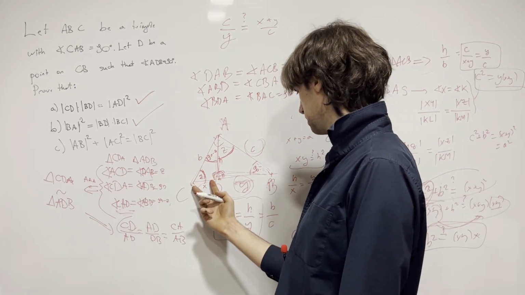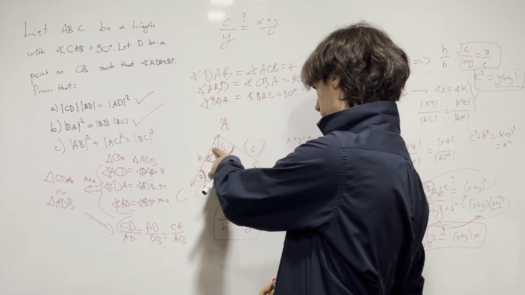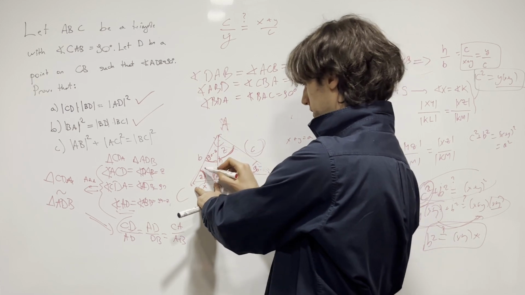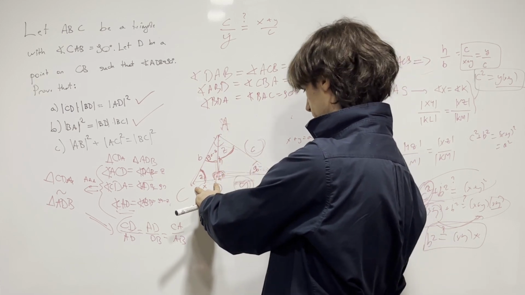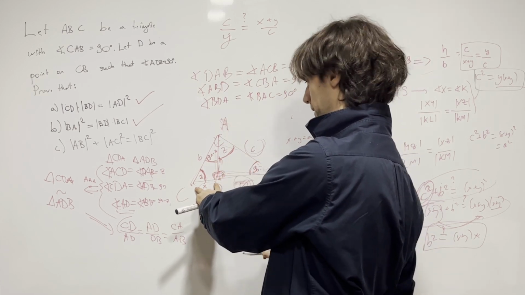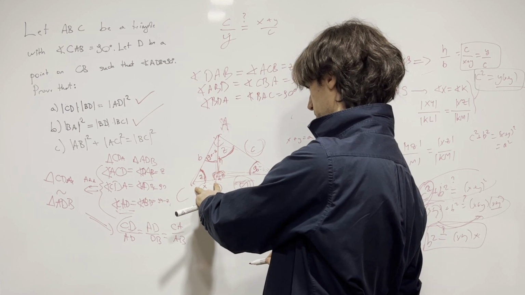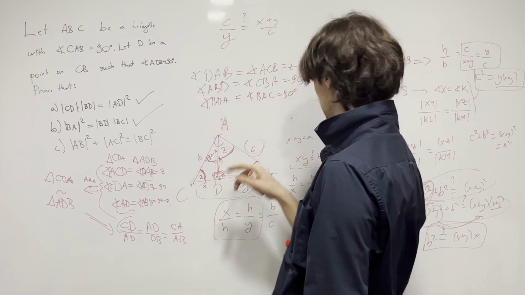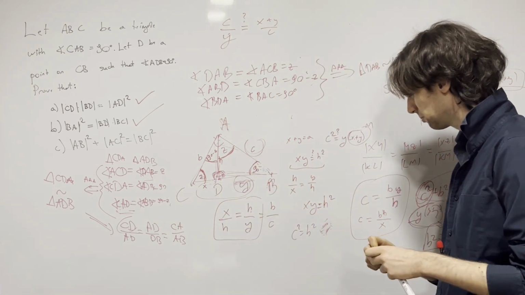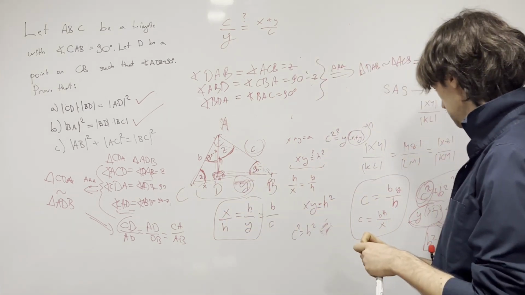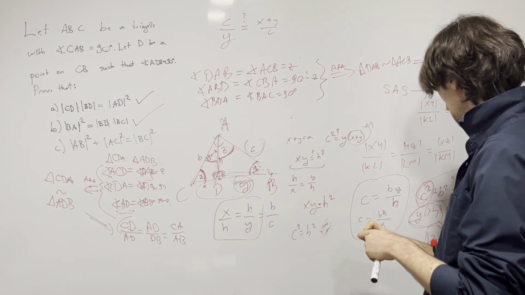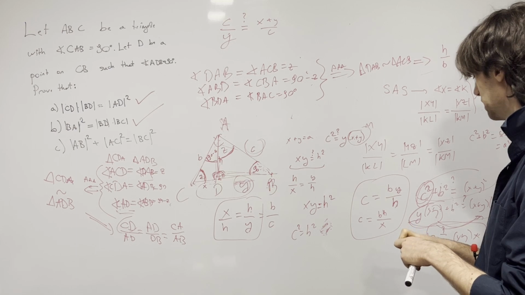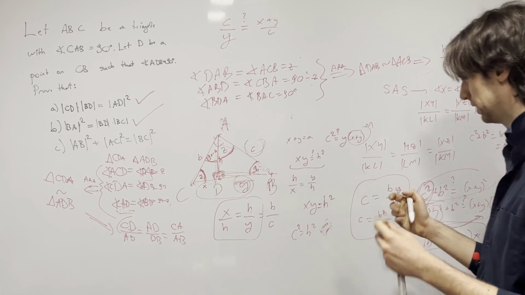X over H, so X is this angle right here, then we have H at that angle, and then I have B at that angle and I have C at that angle. And when I multiply these through, I'll get that C squared is Y times, okay, no, that is all good.